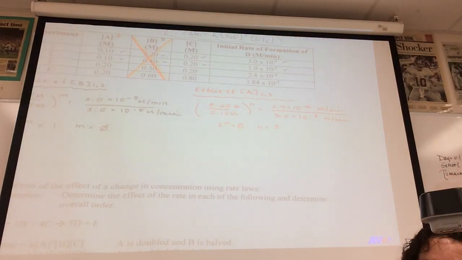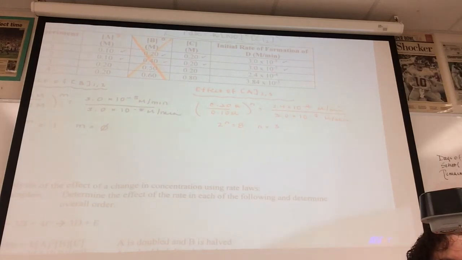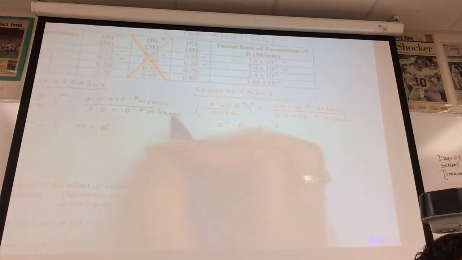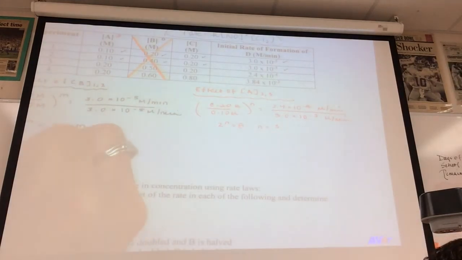Now we need to get the order with respect to C. So what experiments are we going to look at for the effect of C? We have to hold A constant, so we're going to look at experiments 3 and 4.